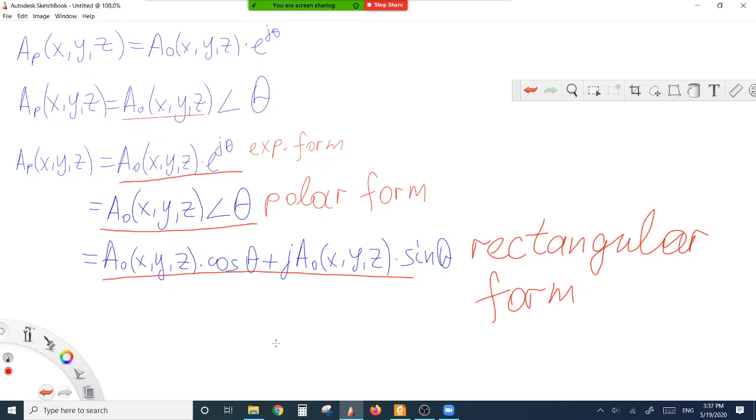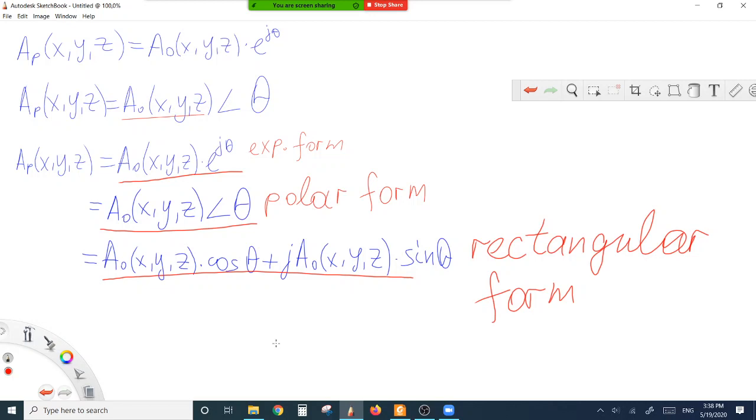The rectangular form is also convenient in some cases because it shows explicitly the complex variables of our function. The reason for the use of phasors is apparent.